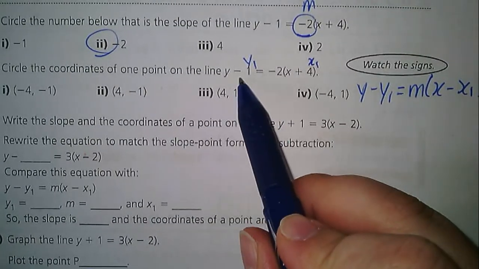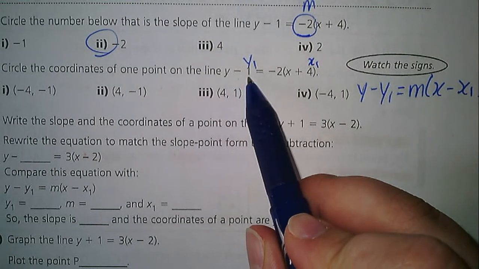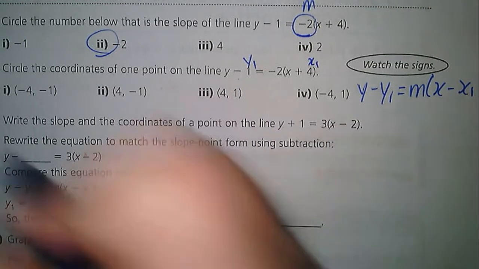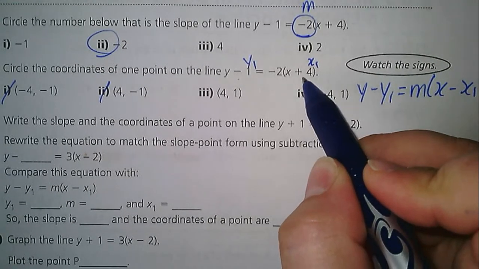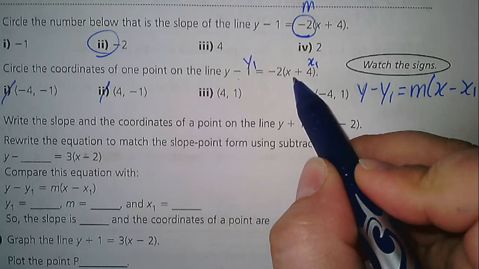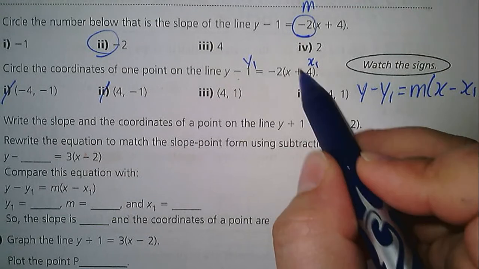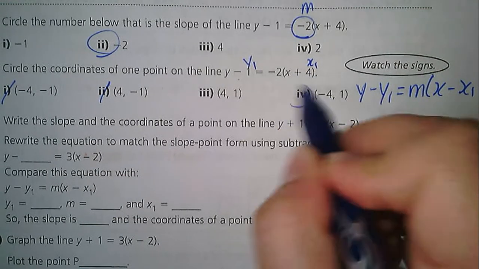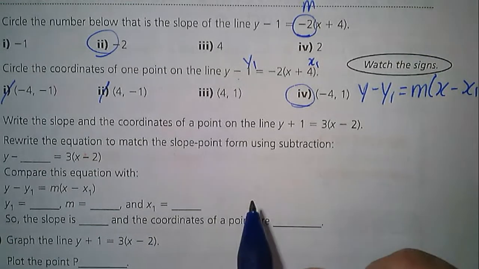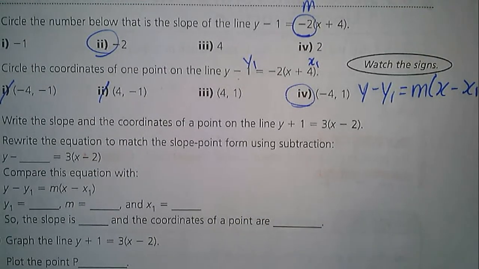So if this is a negative sign, that means that the y value is actually a positive one. So those ones are incorrect. It's going to be one of these. And if this is a +4, it means that it's actually a -4, because remember, it's minus a negative, which shows as a positive. So that means that selection number 4 are my correct ordered pairs.